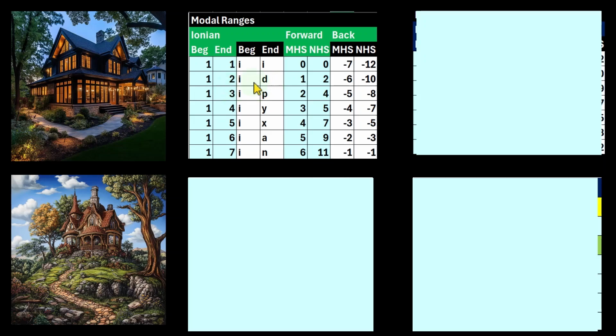So let's say we're going from I to I, home to home, is a distance of 0, whether you're talking about modal half steps or actual half steps, notes. If I go from I to D, my house to the friend's house, how far is that? We can say it's going from 1 to 2, or let's say it's going 1 modal half step. It's going from one to the next unit within our system.